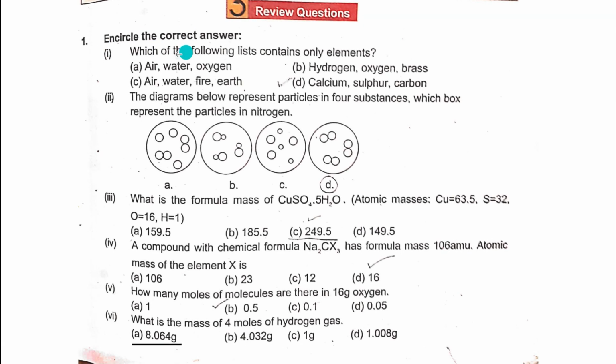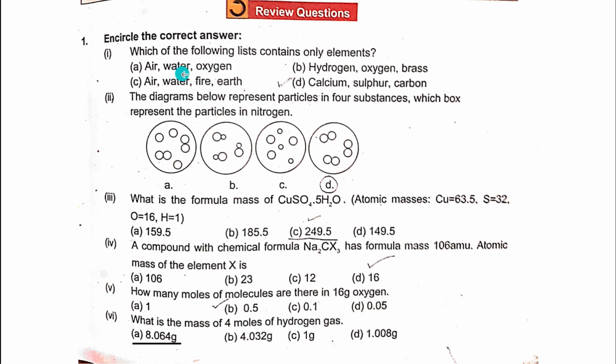Encircle the correct answer. Which of the following lists contains only elements? So, first of all, we should know what elements are. Elements are those substances which cannot be further divided into simpler substances.